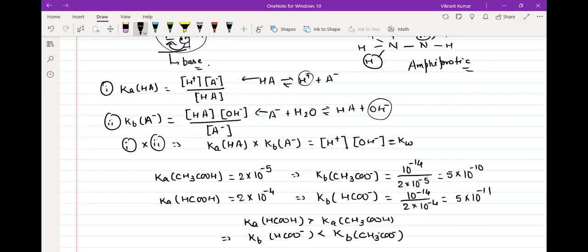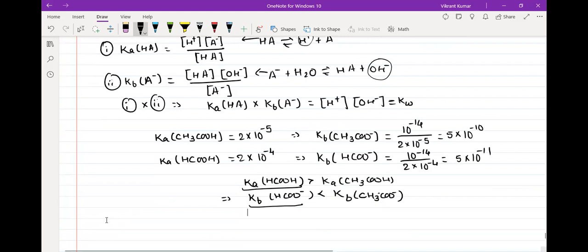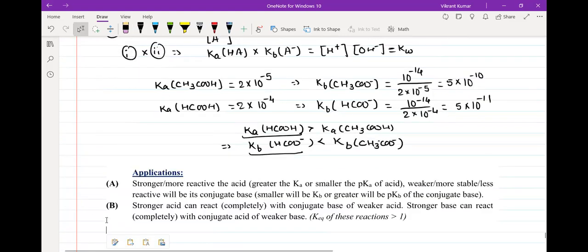So that's why we are saying the one which has greater Ka is a stronger acid, and its conjugate base will be a weaker base. So that's a very important application which will be used again and again. So first thing is, stronger the acid, that means greater the Ka value, weaker will be its conjugate base. That means lower will be the Kb value of the conjugate base.